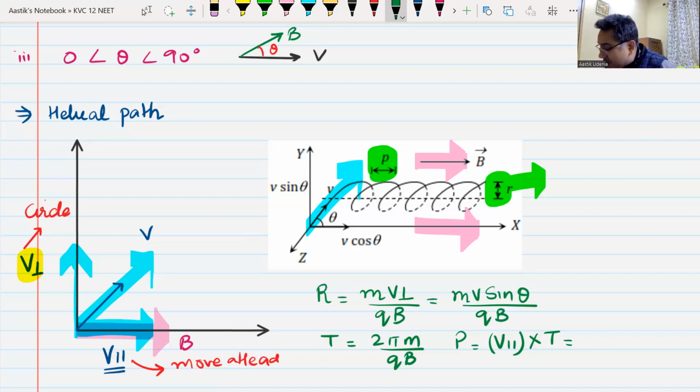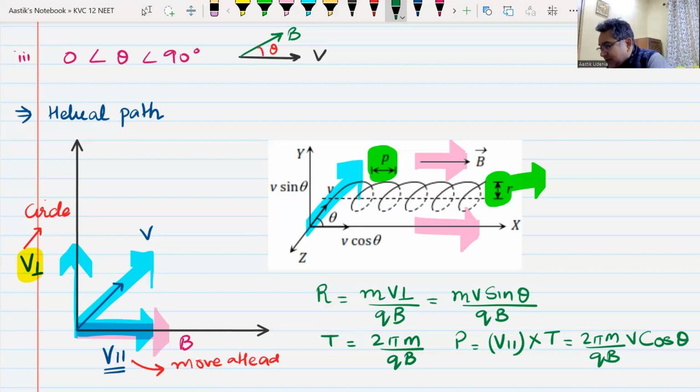In this case, it will be given by 2 pi m by qB multiplied by v cos theta. So these are the formulae for this particular case. Everyone understands this? Yes or no?